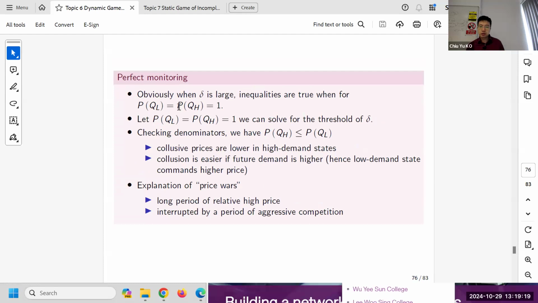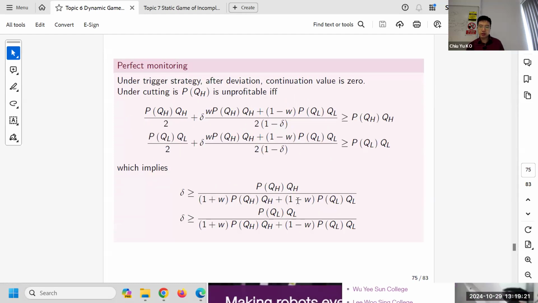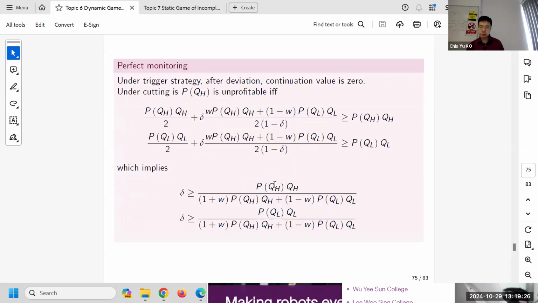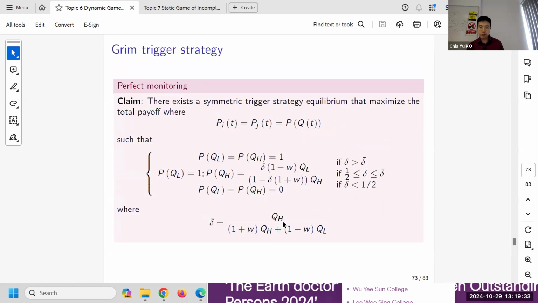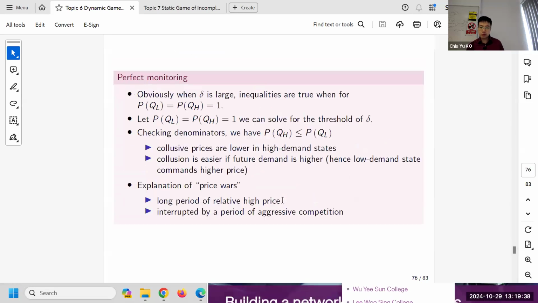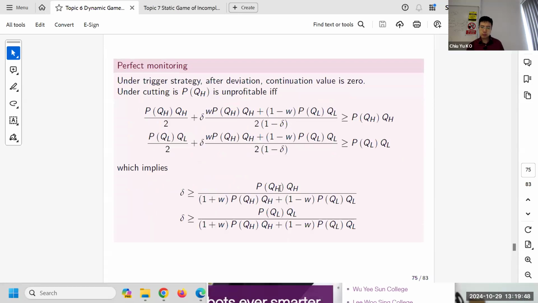You plug 1, 1, 1 in there, and you get this threshold.